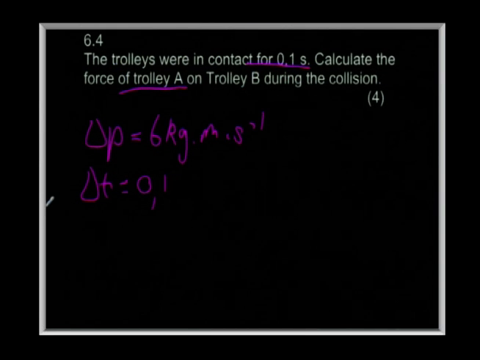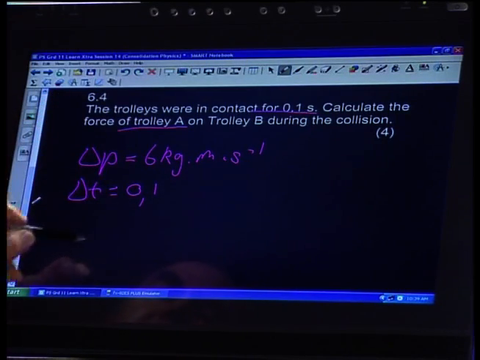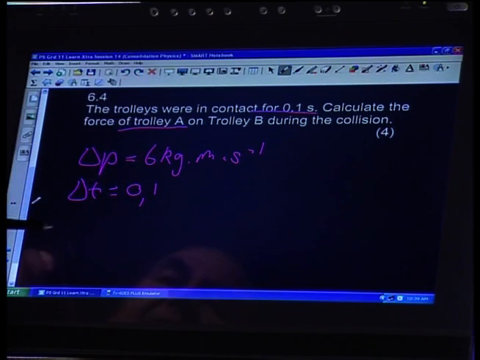Now, when trolley A exerts a force on trolley B, we need to recognize that trolley B exerts the same force, but in an opposite direction. So that's the principle that we're going to use here. We've got the impulse of B, and we're going to use it to calculate the force that trolley A exerts on B. And so let's just do it.